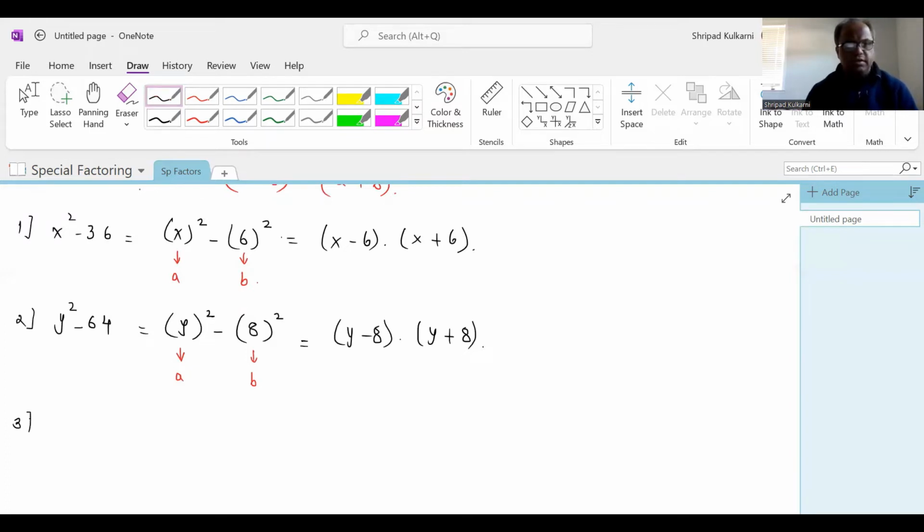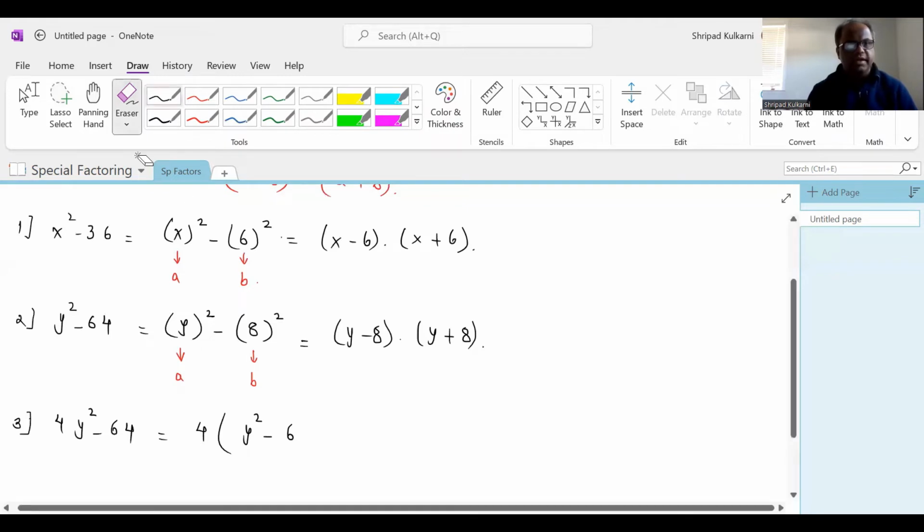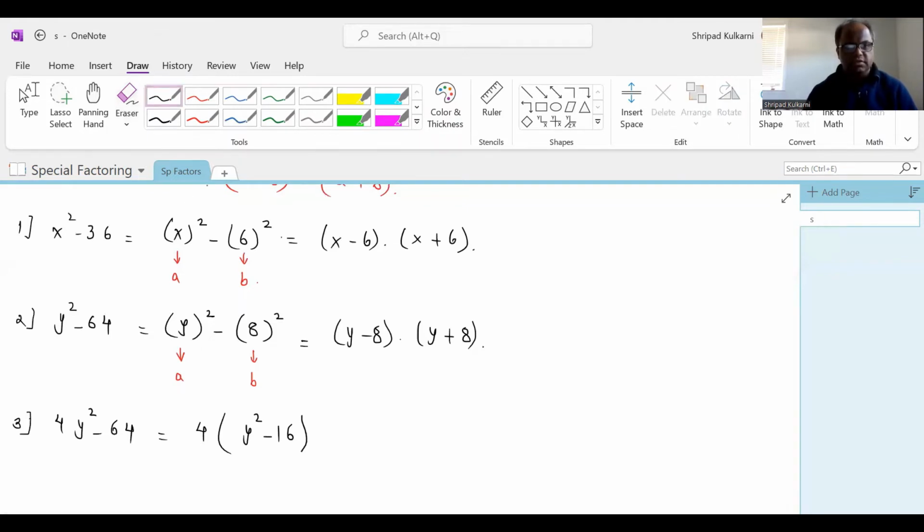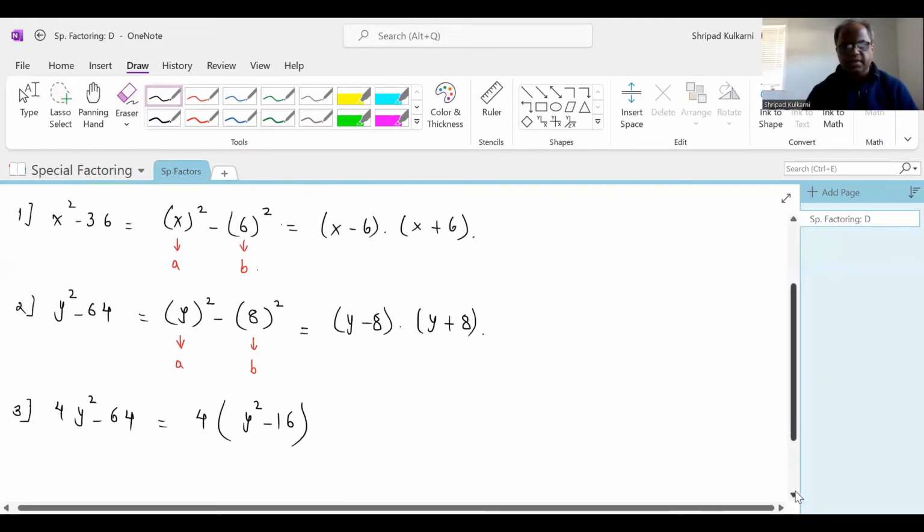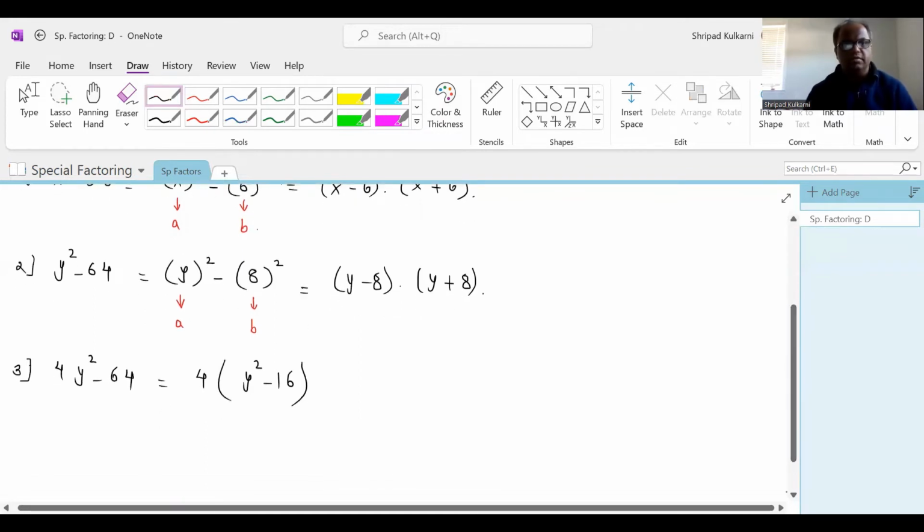I will write 4y square minus 64. Whenever you have such kind of example, don't rush for the special factorization. Investigate the equation. You see here, I can take 4 as a GCF, and then I will go for this. But instead of 64, I would write it as 16. Okay. And this becomes very easy to handle, right?